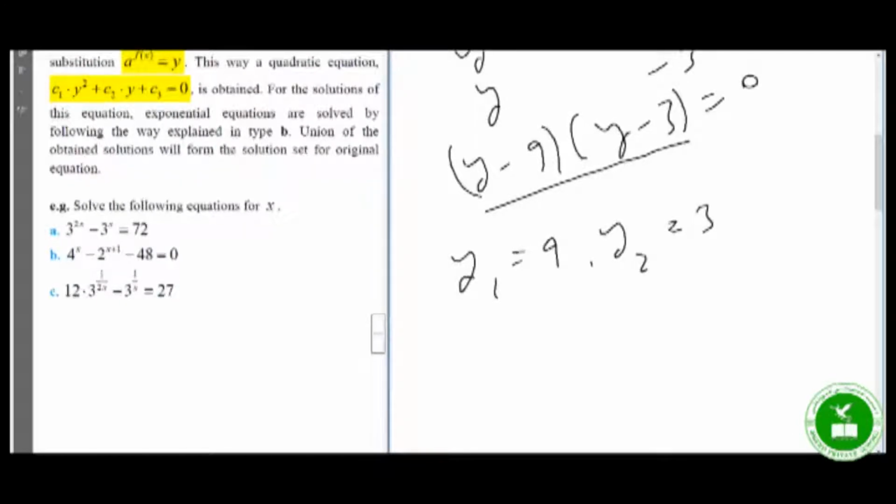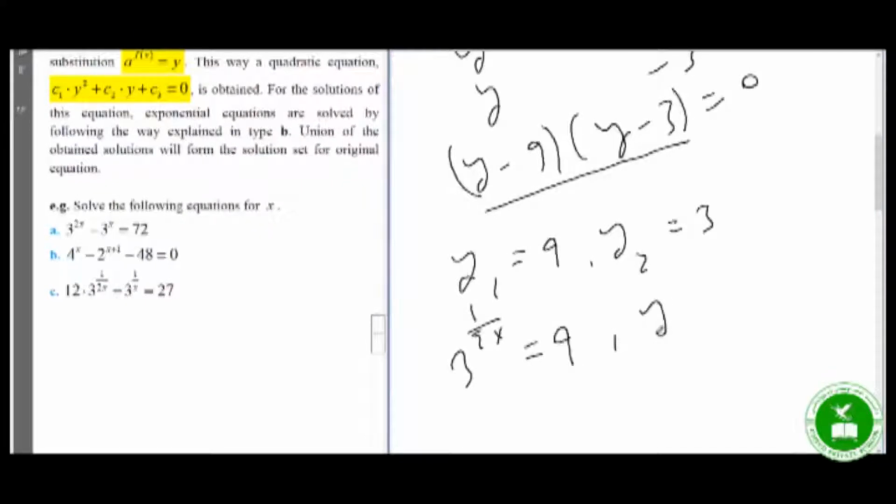As we know, y is equal to what? We equalized 3 to the power of 1 over 2x as y. So 3 to the power of 1 over 2x is equal to 9, and 3 to the power of 1 over 2x is equal to 3.